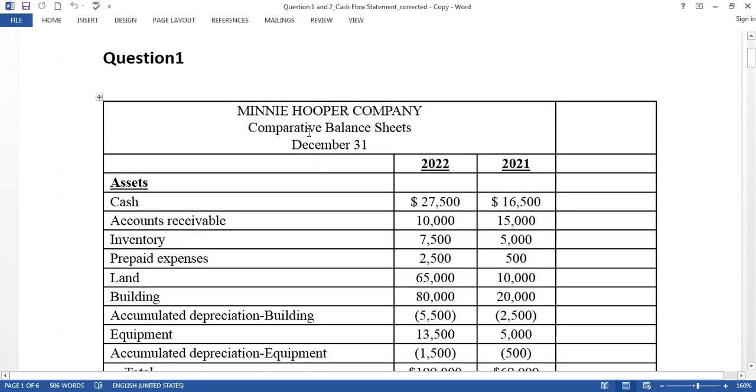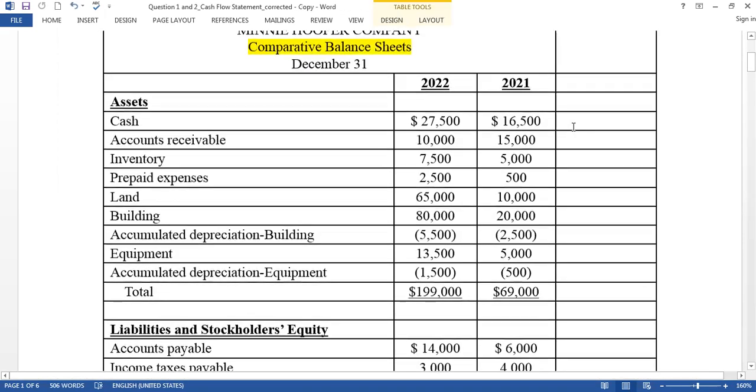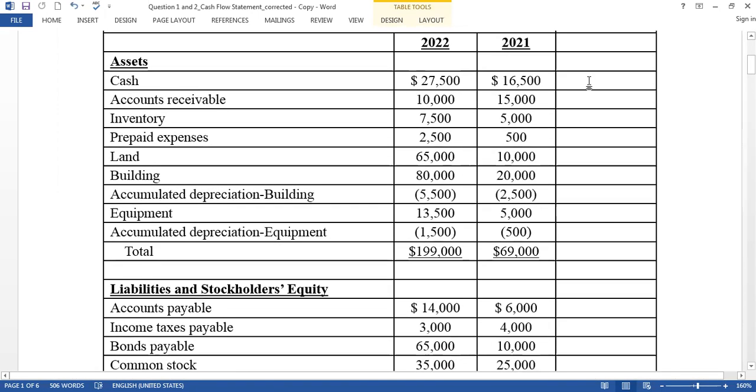So question 1 first, it is given a comparative balance sheet. When you have this balance sheet, it's better to immediately calculate the increase or decrease of these accounts. So here we find that cash increased $11,000. This is the thing you have to do immediately.